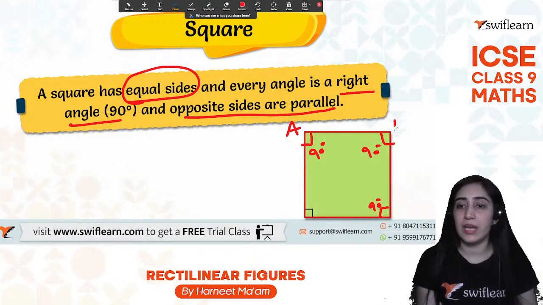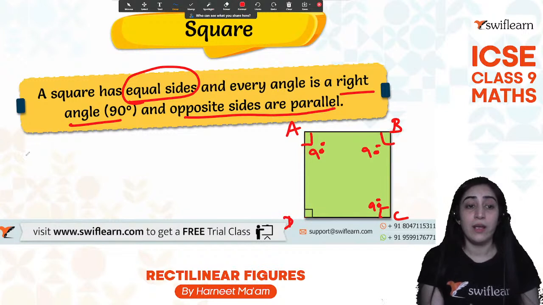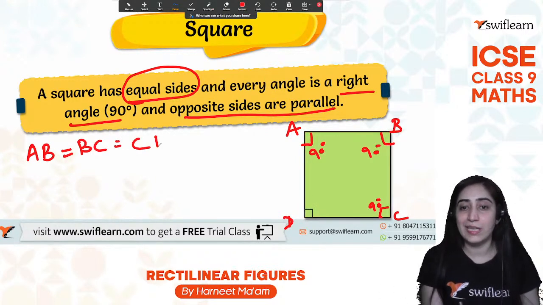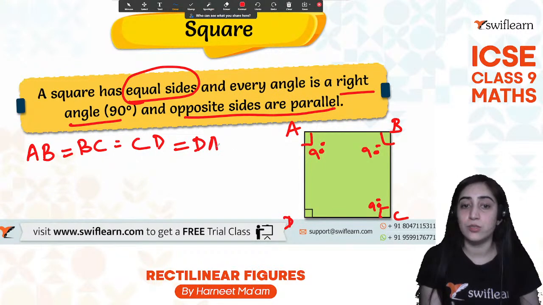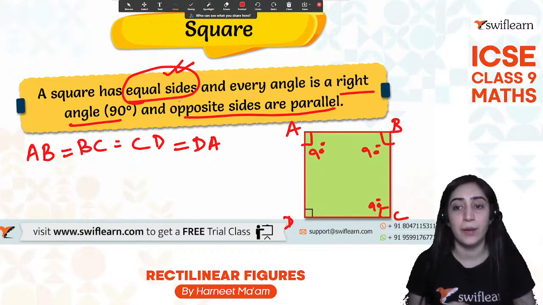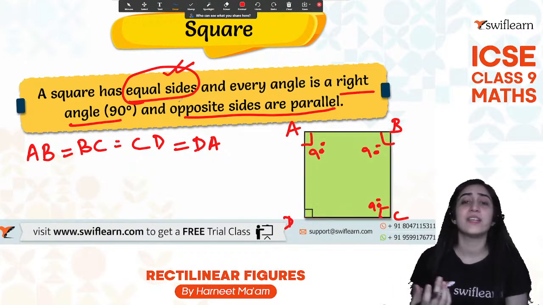When we talk about A, B, C, D, this is a square in which AB equals BC equals CD equals DA. So all the sides are equal and the opposite sides are parallel. Obviously, they'll never meet. That is why we have added it, but it is understood.